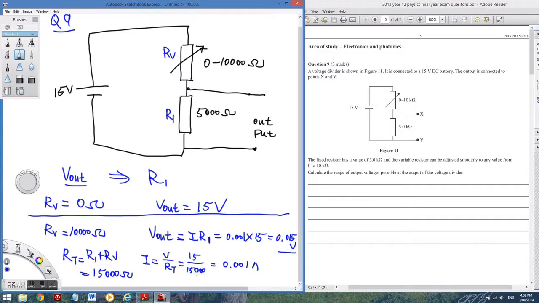Yep, I think I made a mistake somewhere. Oh, sorry. The resistance R1 is not 15, it's 5000. Okay, so the answer will be 5 volt.